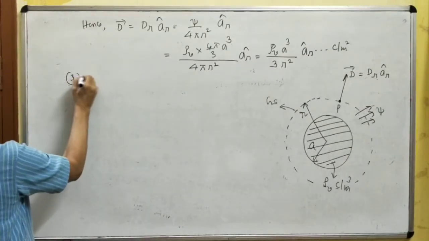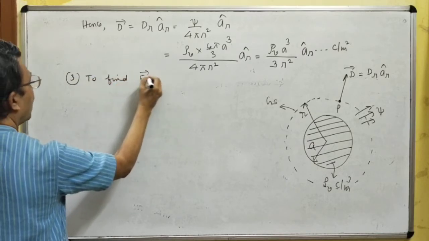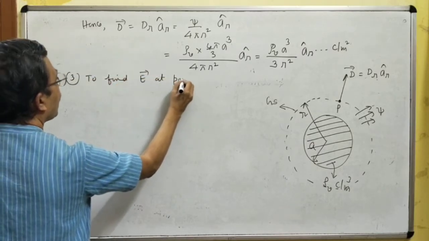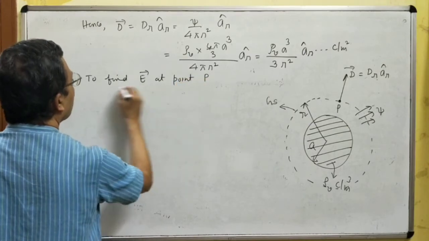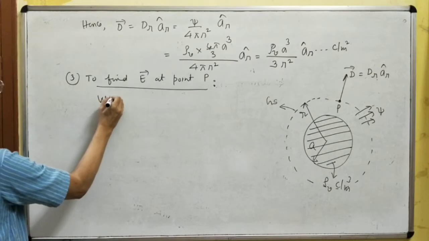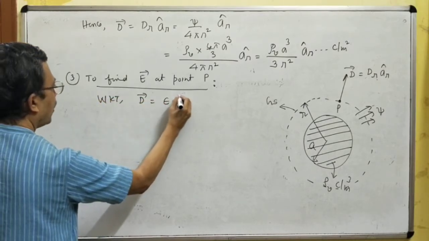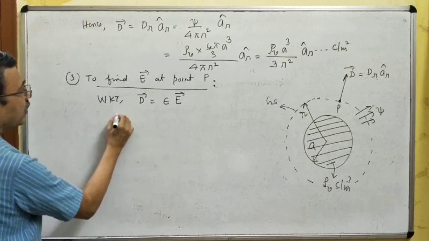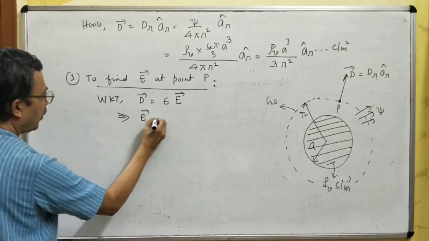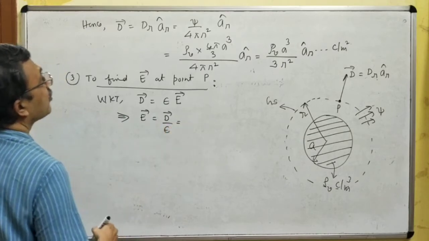Step number 3, to find vector E at point P. We know that vector D is equal to epsilon into vector E. This implies vector E is equal to vector D divided by epsilon. So what is vector D?